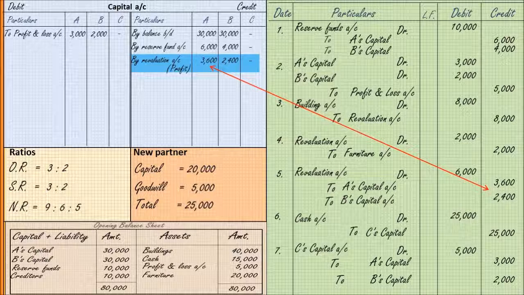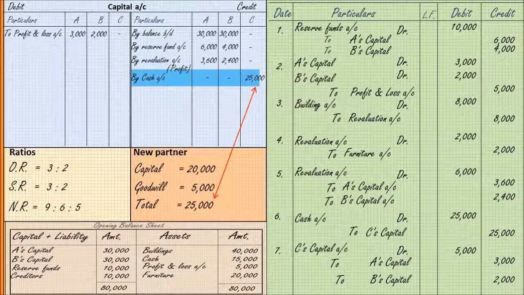Then the new partner came. So by cash 25,000 in C's column on the credit side.